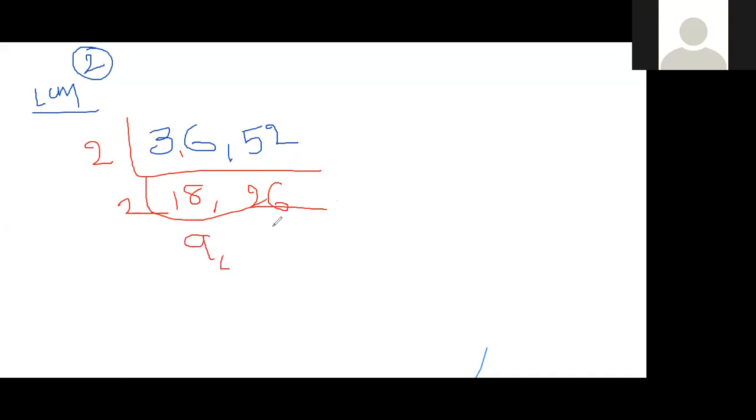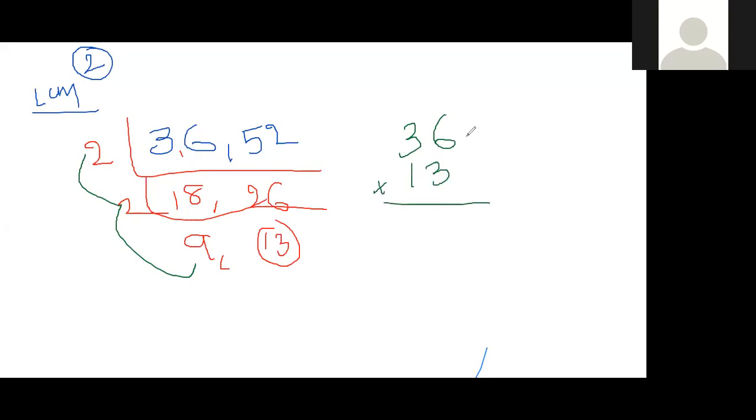Here it is 2 ones are, 2 threes are. Anything else? No, because 13 is a prime number. Once you get these numbers, do the multiplication of these two. 4 into 9, 4 nines are 36, 36 into 13. How much? How to multiply these 2 digit into 2 digit numbers?